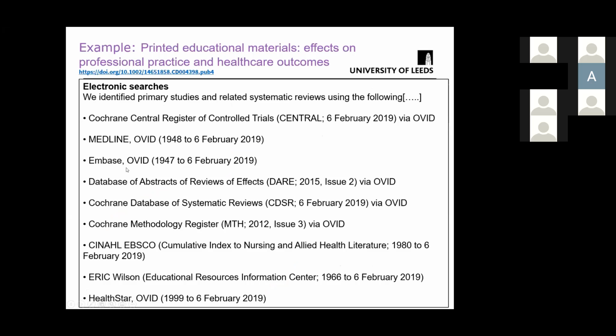Again, they searched it on the 6th of February. They used Embase, DARE, CINAHL using the EBSCO platform, and the date range is from 1980 to present. ERIC, an educational database, and HealthStar Ovid. So when you are reporting your systematic review at the end, make sure you record every single database, the date you searched it, and the provider.